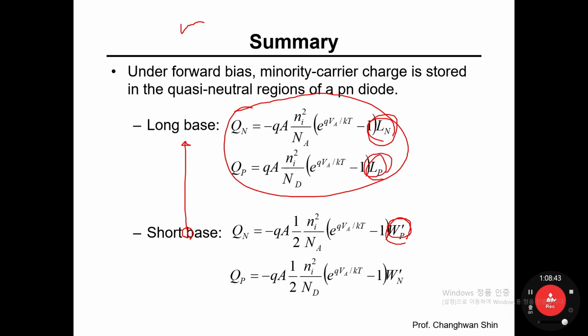Instead of Lp, the hole diffusion length. Always think about when you are talking about the diffusion length in p-n junction diode, that should be for minority carrier. So in which region can the hole be the minority carrier? That is n side, right? So instead of Lp, you should use Wn prime, the narrow base for n side material.